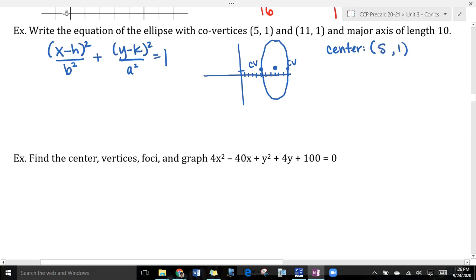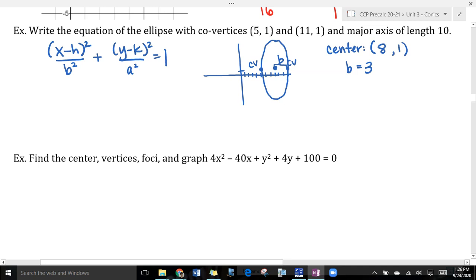So that would be (8, 1) as my center. Knowing that that center point is at (8, 1), I can now count out the b. So the b would be, again, representing the distance from the center to a co-vertex. That guy right there is b. And if the center's at (8, 1) and I need to move to (11, 1), b must be 3. All right, so that's just information from the co-vertices.